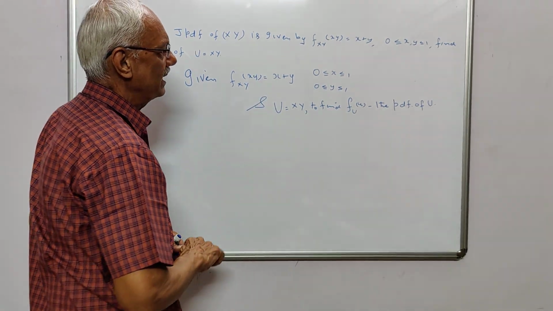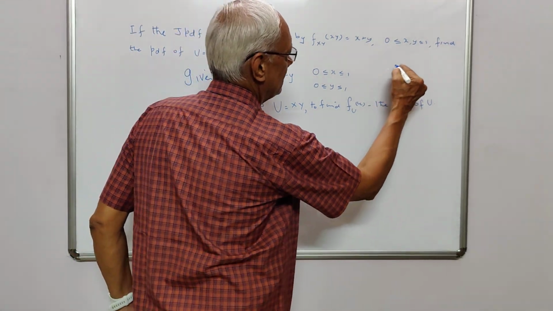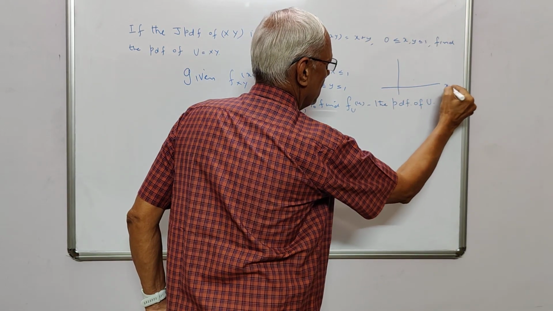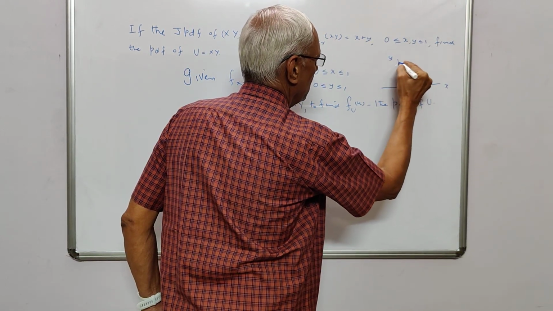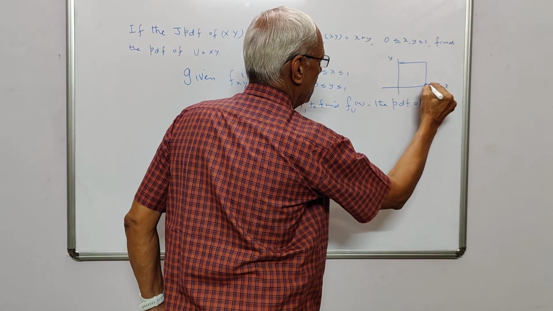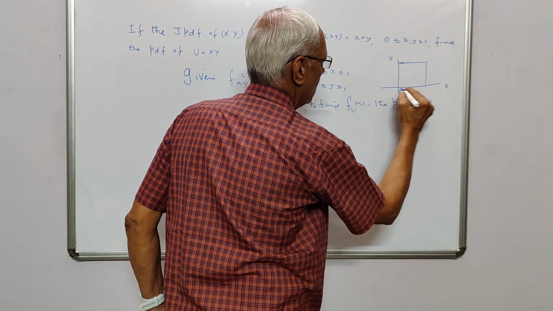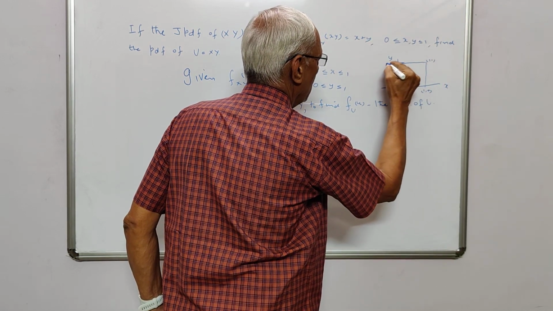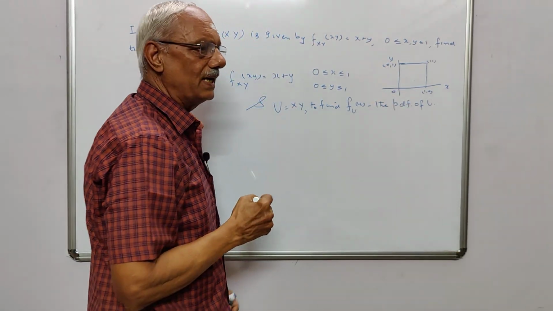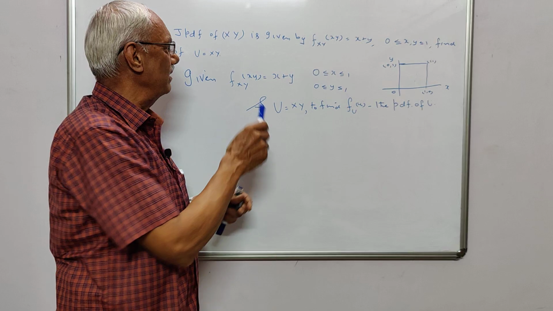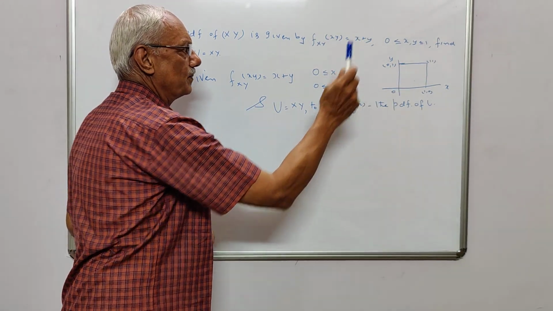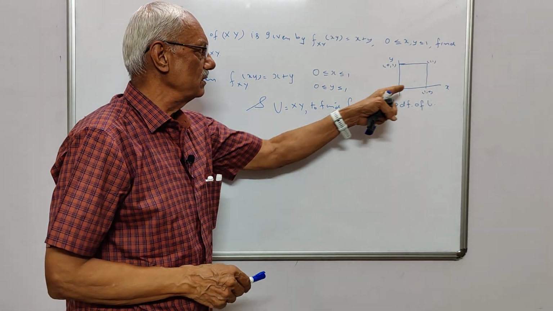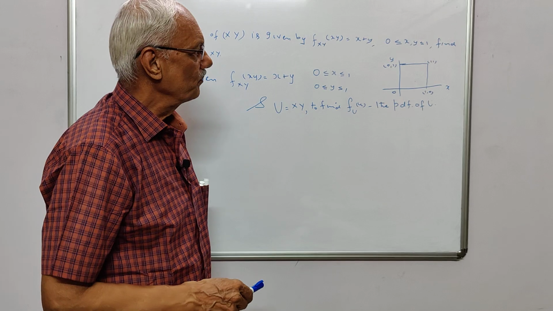Now you see that this xy random variable is taking values only in this region, and your probability density function is taking values here.